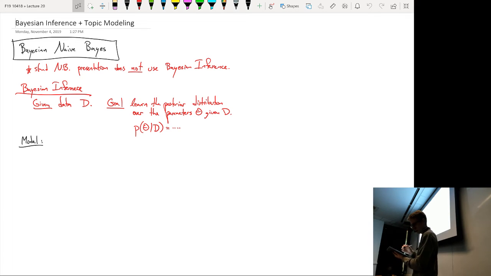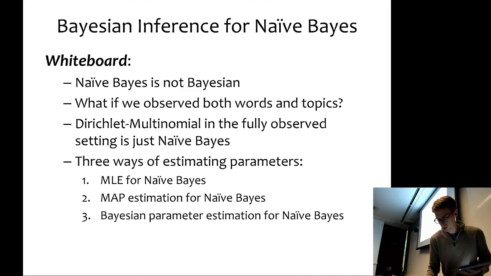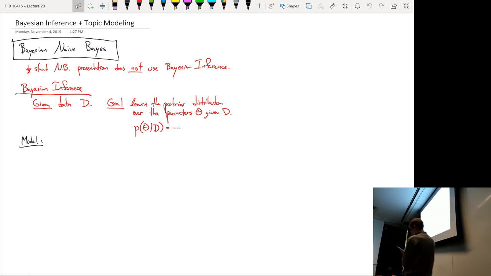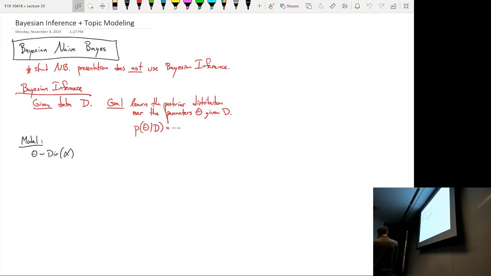We have theta, which is sampled from a Dirichlet parameterized by alpha, and then we have phi sub k, another vector, which is sampled from a Dirichlet parameterized by beta, for all k.